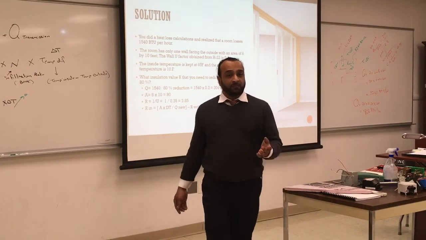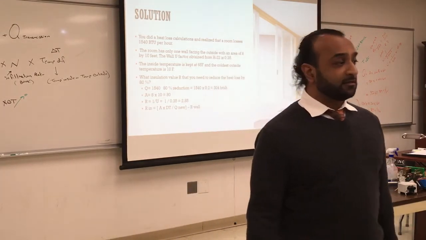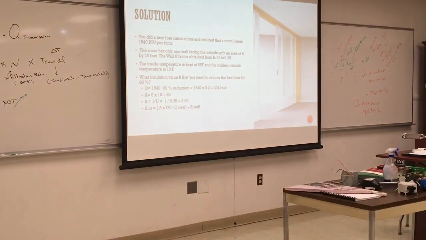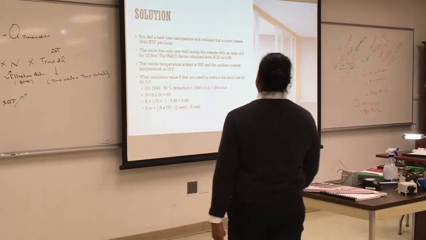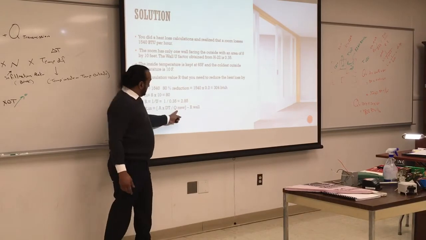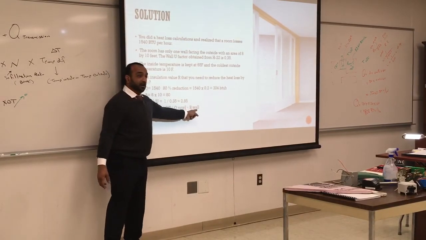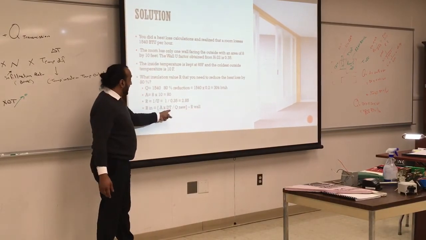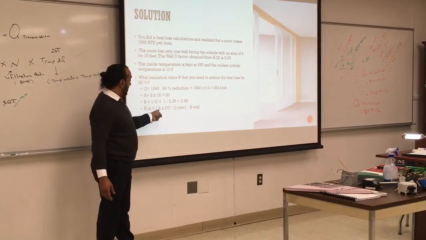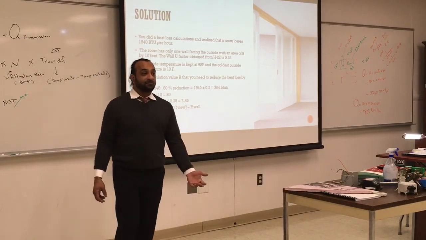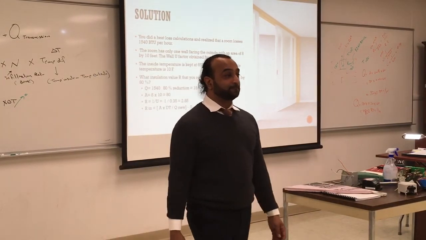For most quizzes, it's going to be open book, so I don't expect you to remember this equation, but in case you need to know the R insulation, you can look at this one, and you plug in the numbers: the new heat loss that you want, the R of the wall that you found, the temperature difference, and the area. After that, it's just check and plug.